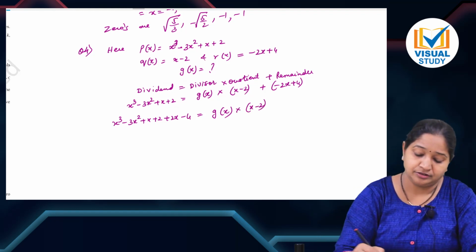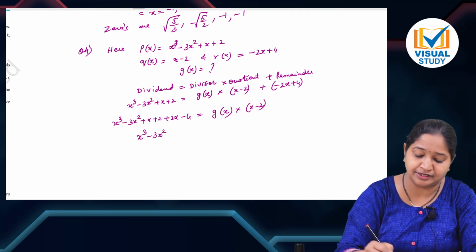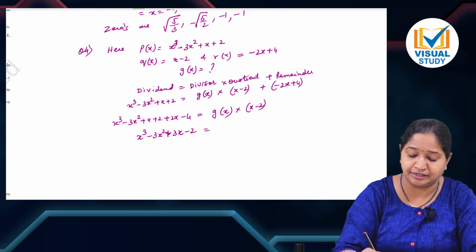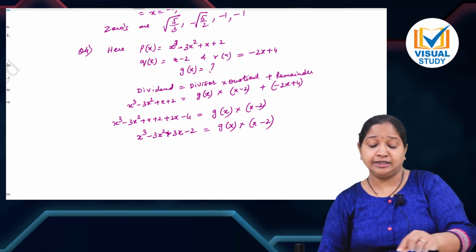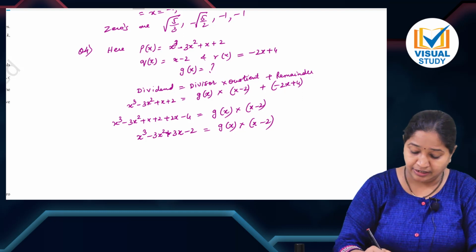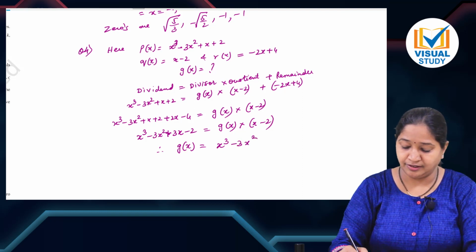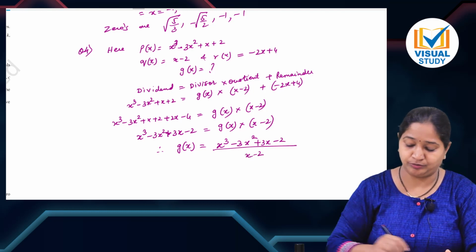Now see, is anything going to cancel? No. You get x cube minus 3x square plus 3x minus 2 is equal to g of x into x minus 2. Now, here it is multiplication, so you can bring this to the left hand side, and therefore g of x you get is x cube minus 3x square plus 3x minus 2 divided by x minus 2.